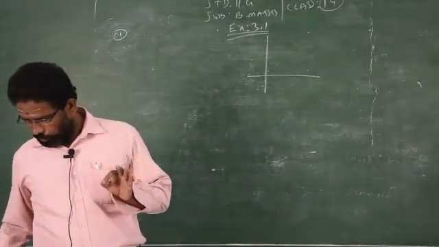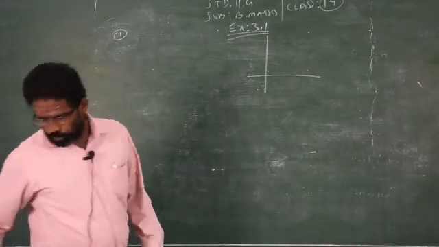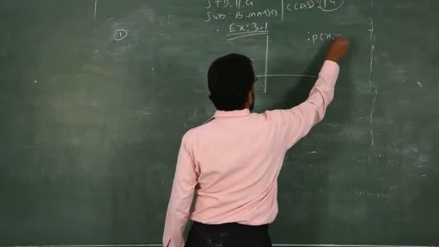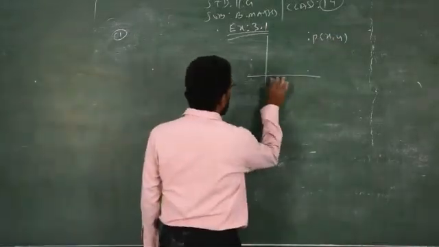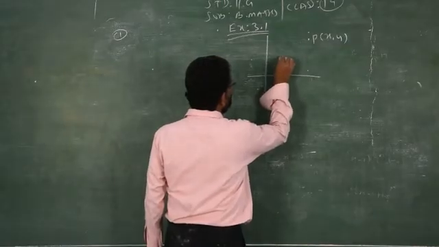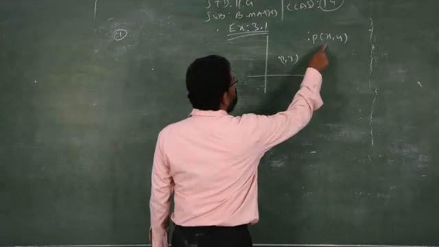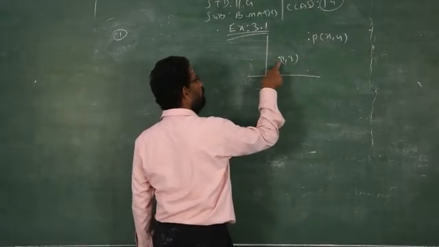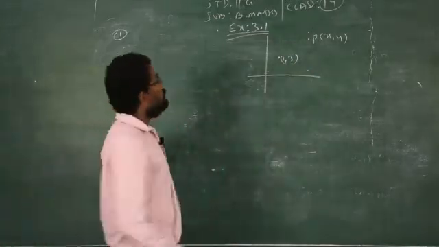Find the locus of the point equidistant from (1, 3) and the x axis. I don't know what the point is, so I just take a point roughly here; this is (1, 3). Find the locus of the point P which is equidistant from the point (1, 3) as well as from the x axis.